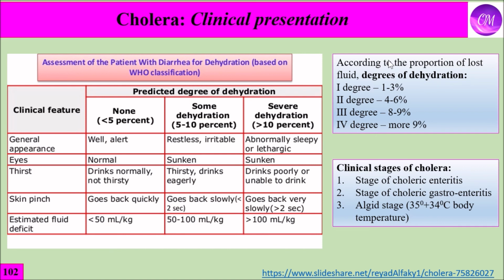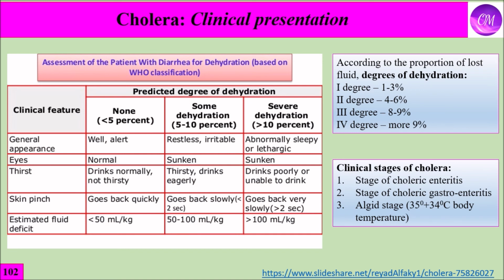And according to the proportion of lost fluid, dehydration has 4 degrees. First degree 1 to 3%, second degree 4 to 6%, third degree 7 to 9%, and more than 9% fourth degree.